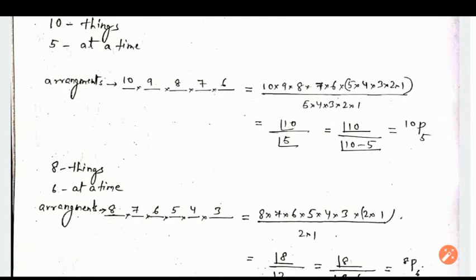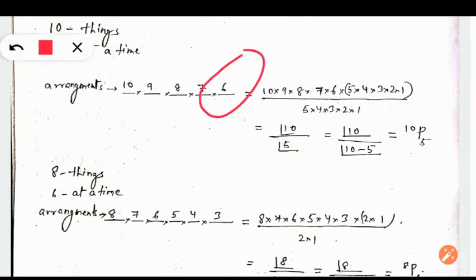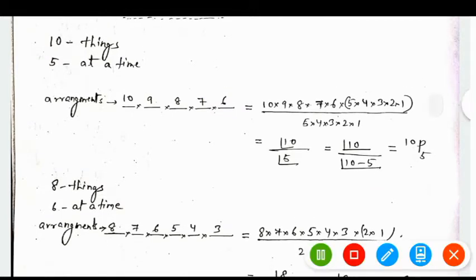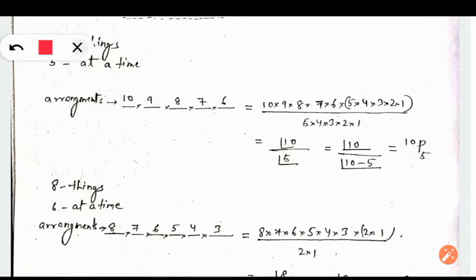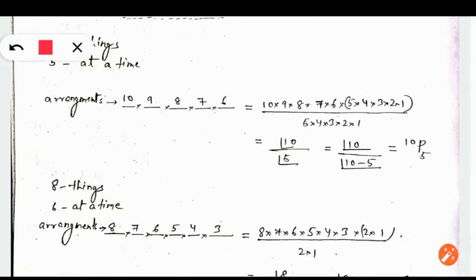Now, see, what is the last factor here? Last factor here is 6, right? Now, what is 6? Here we have 10 things and 5 places, and there we have n things and r places.